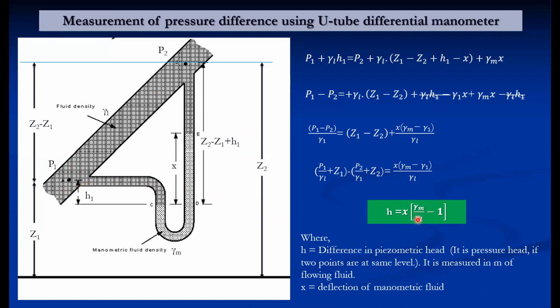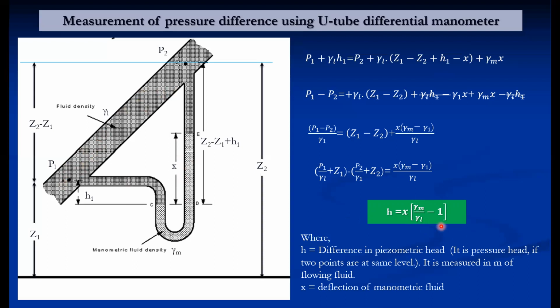So 13.6 by 1 minus 1, that is 12.6, is the multiplication factor for this case. If a fluid other than water is used, suppose oil having specific gravity 0.9, then we can use 13.6 by 0.9. So while solving problems, we will come to know how to consider Sm and Sl values.